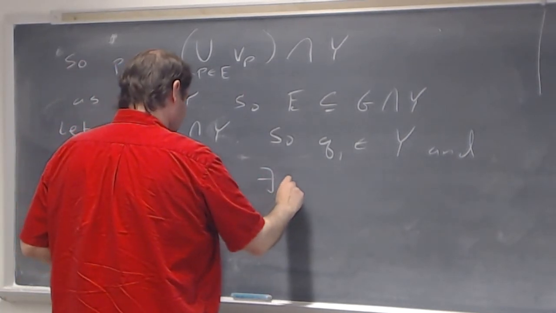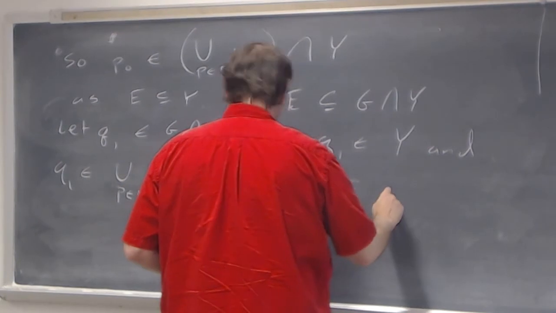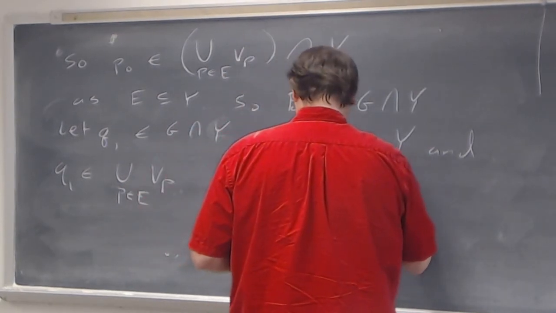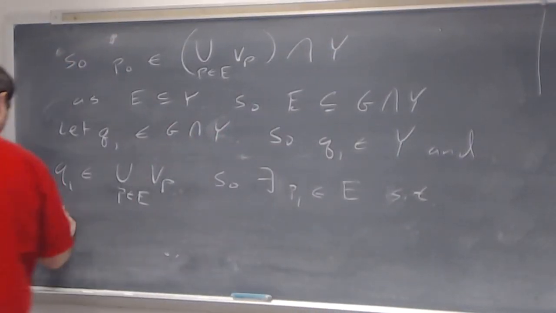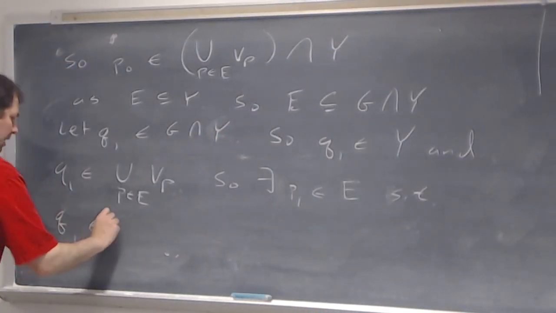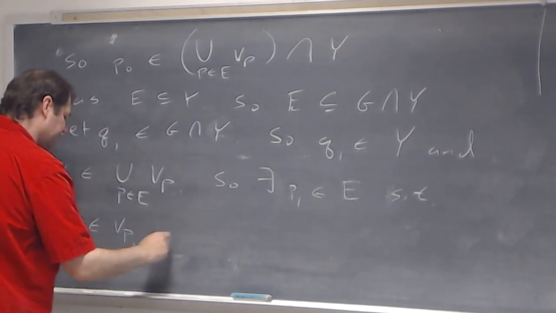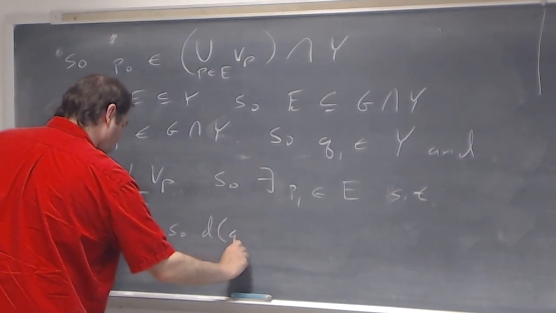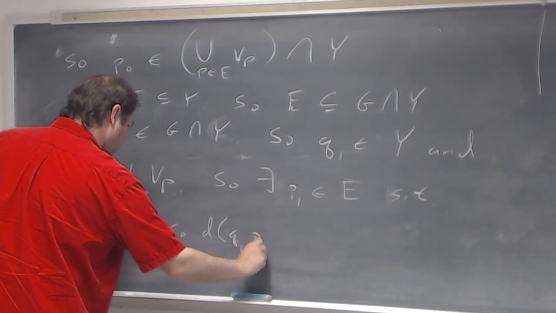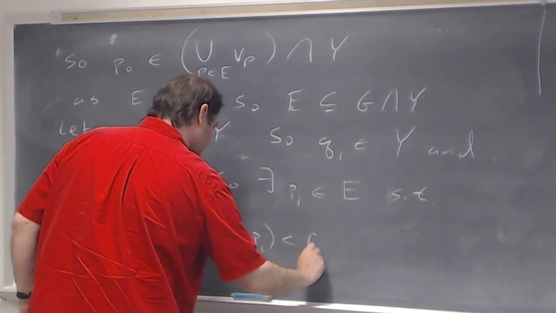There exists, let's say, a P sub 1 element of E such that Q1 is an element of B sub P1. That's how you get to be in this union. So what does it mean to be in B sub P1? That means that the distance between Q1 and P1 is less than R sub P1.